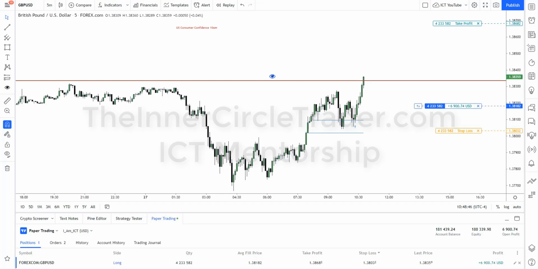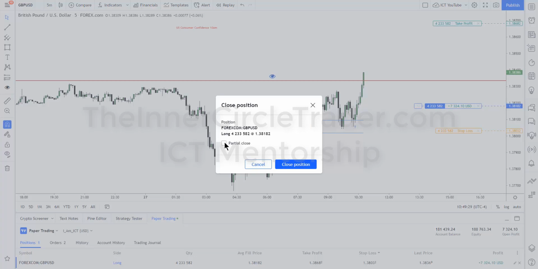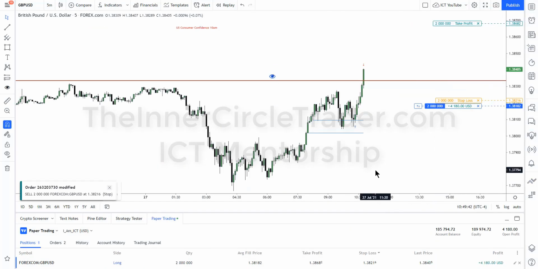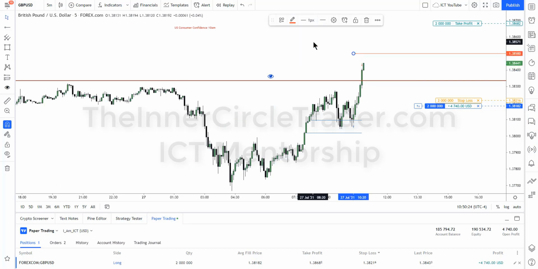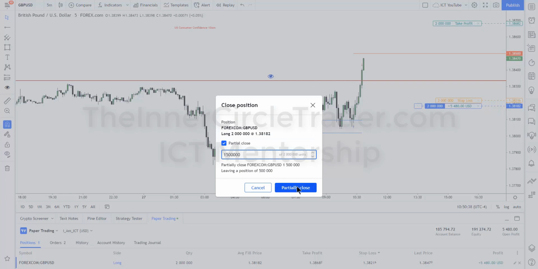There we are, punched above. So I'm getting ready to take a first partial off. Okay, more than 50% of the position has been taken off. Now as we get to that 38.50, I'll take another partial off and let the rest roll.